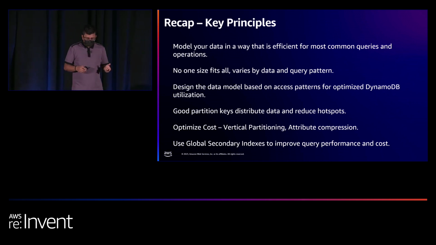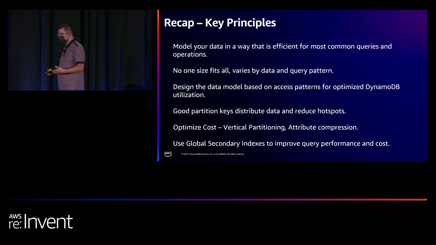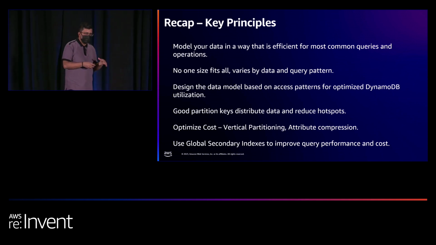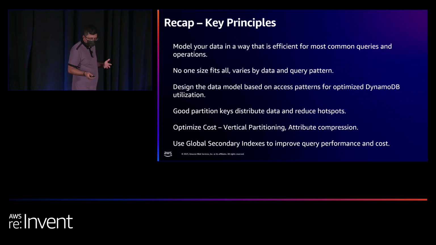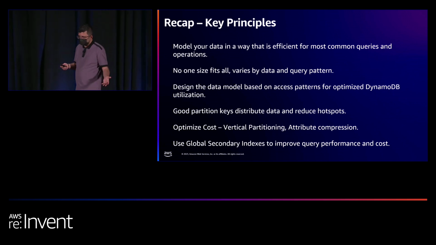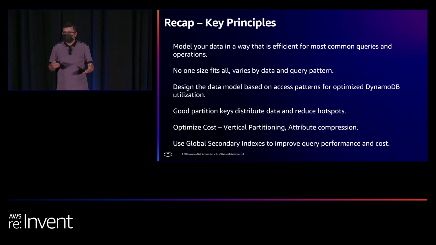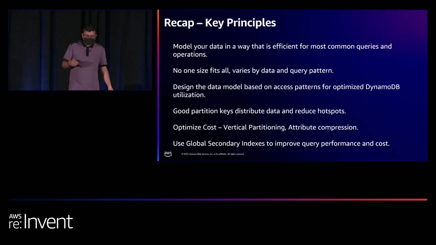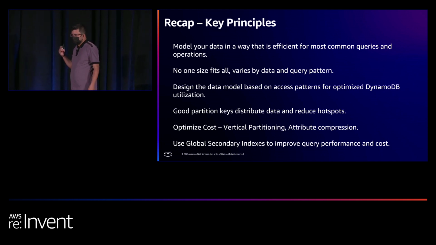Optimize cost. Engineering is about cost efficiency as well, right? It's not just about adding features. We looked at multiple ways we can optimize cost, like vertical partitioning, which we went through in an example. I also talked about attribute compression, like if you're storing address, just store it as ADD instead of the full string address as the name. There are other examples in the articles that I linked.